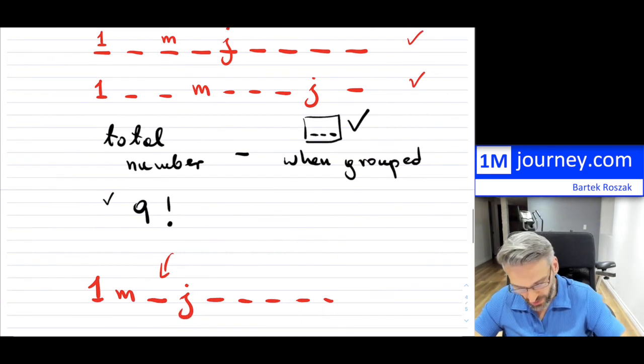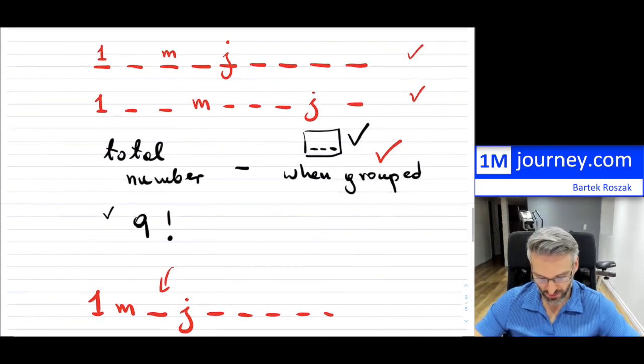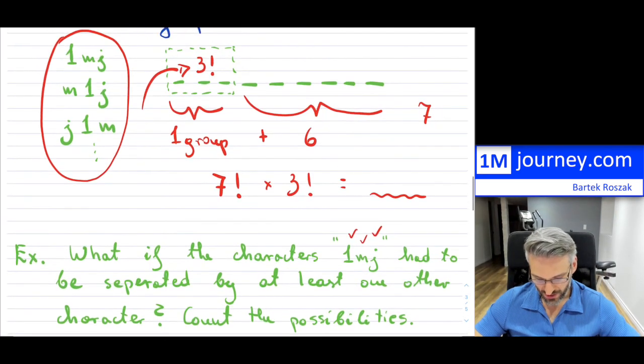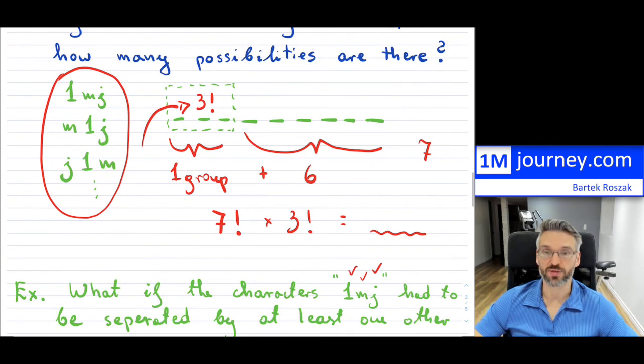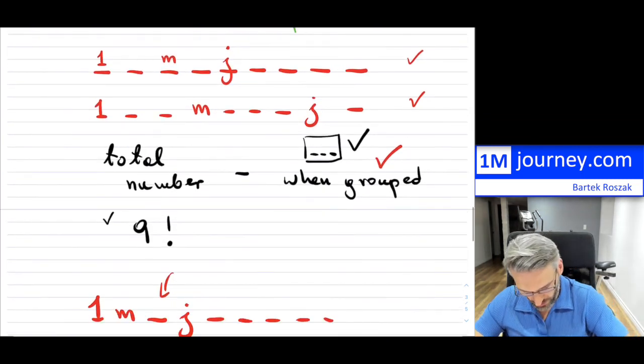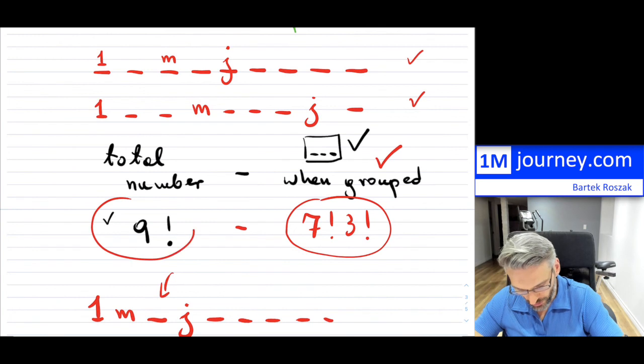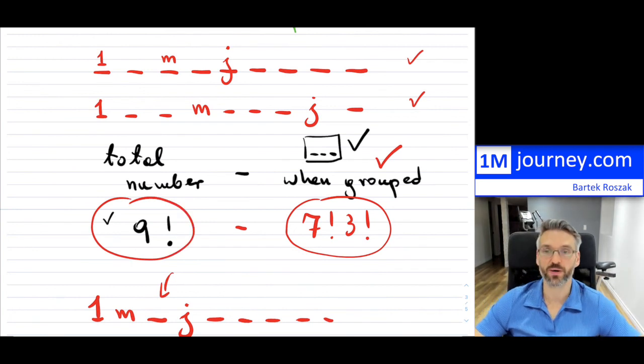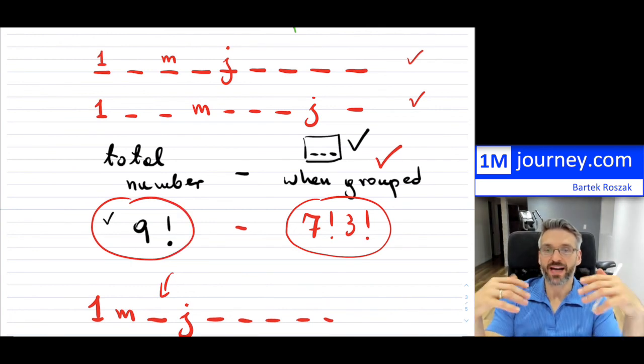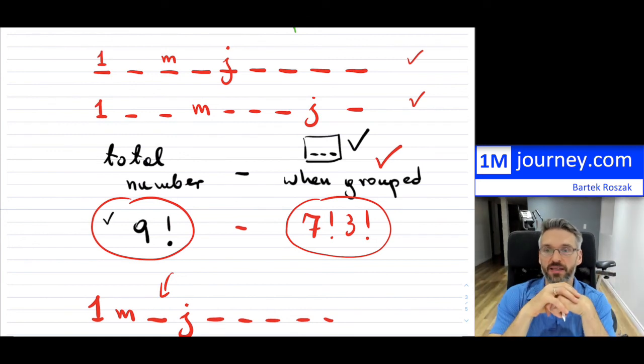Instead, we have already counted this in the previous one when they were grouped together, which was 7 factorial times 3 factorial. So this would be 9 factorial minus 7 factorial times 3 factorial. That's when they are grouped together, how many possibilities, and here is the total number. So when you subtract, you will know.